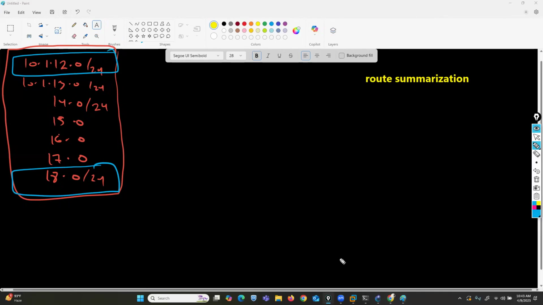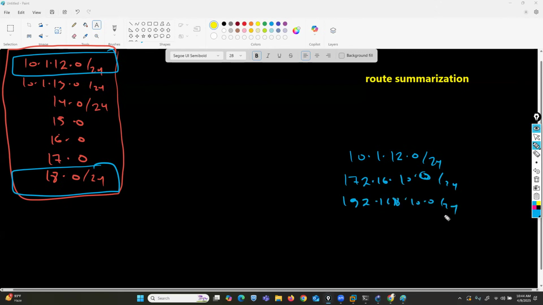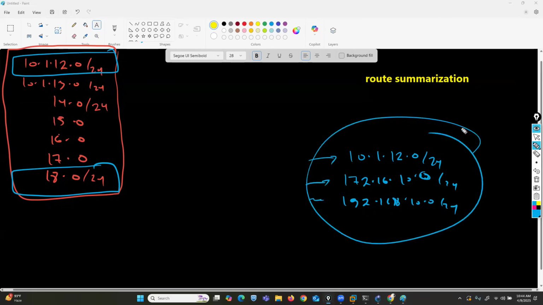For example, if you are receiving route information like 10.1.12.0/24, 172.16.10.0/24, and 192.168.10.0/24, if you are receiving routes like this, you cannot summarize these routes, okay?